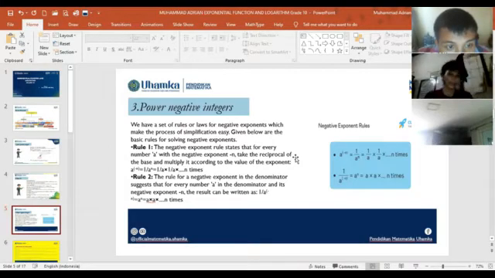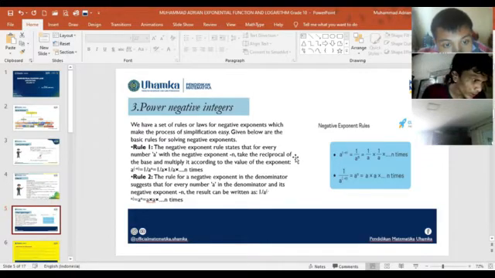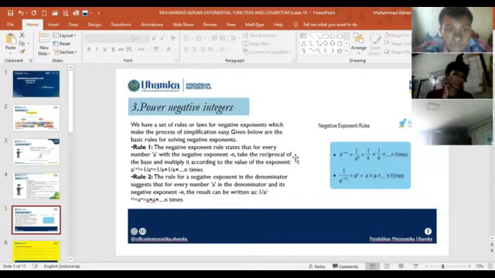A power minus n equals 1 divided by a power n, equals 1 divided by a multiplication 1 divided by a, n times.